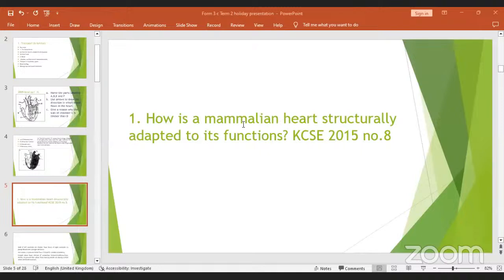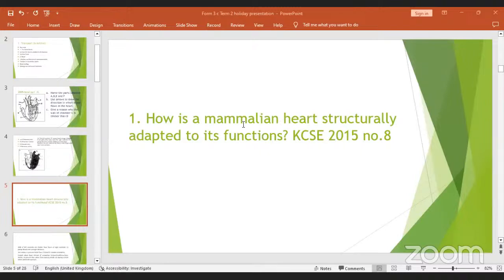You can also say that the heart is divided into 4 chambers. It has the atria to receive blood and the ventricles to pump out the blood. That will still be okay. The ventricles have thicker walls than the auricles to generate high pressure to pump blood.